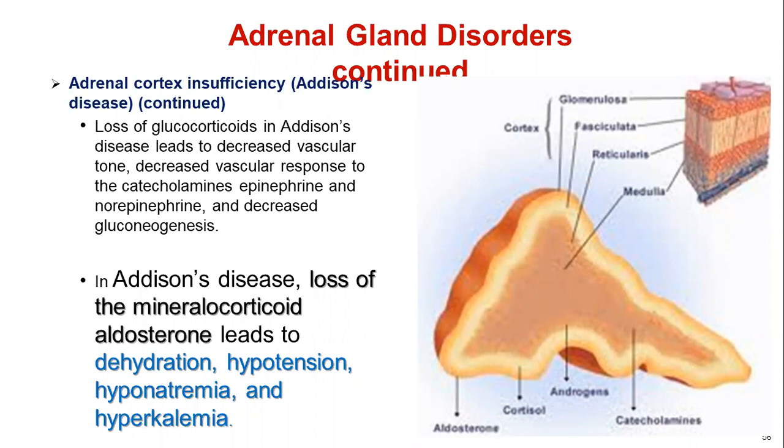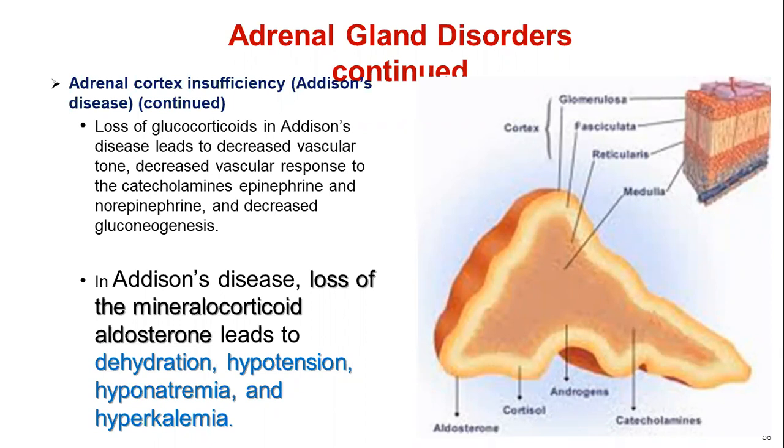and most of the signs and symptoms also go down, like hypotension, blood pressure goes down, hyponatremia, sodium level goes down, dehydration means fluid volume goes down, but the exception is hyperkalemia, right?